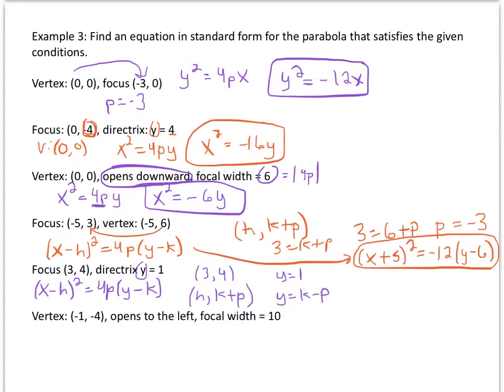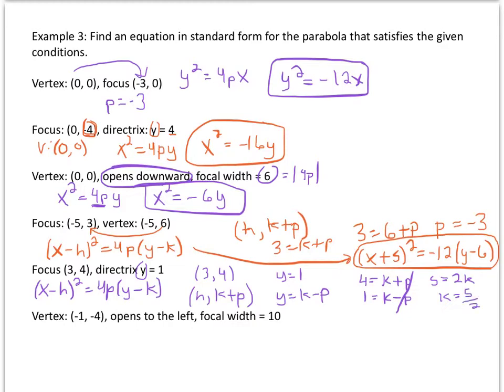So what we have here is that 4 equals k plus p and 1 equals k minus p. So I believe we can solve that because that's a system of equations. That's going to give us 5 equals 2k, so k equals 5/2.